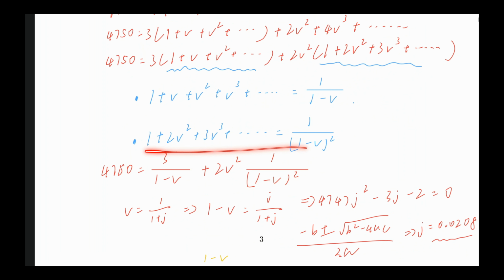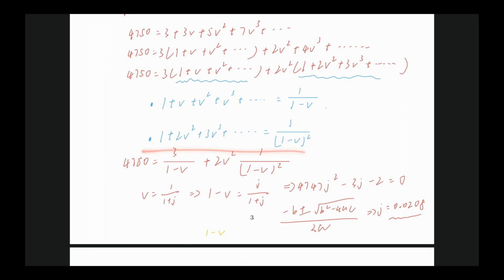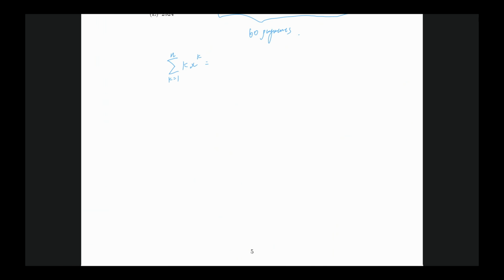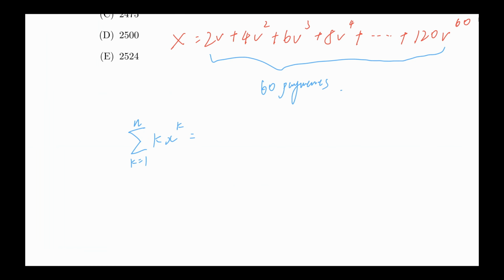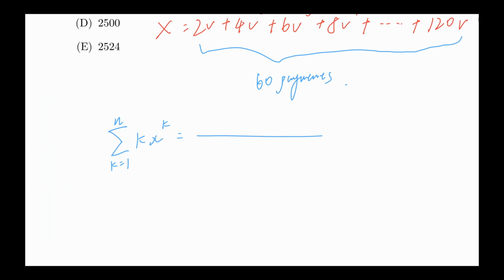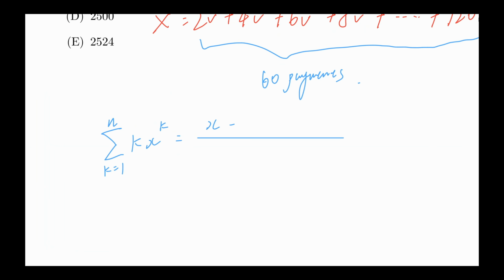So if this is finite, then the summation will become ugly. Feel free to do that as well, and that's how we get this formula. So enough talk, I should just write it down. This equals x minus n plus 1 times x to the power of n plus 1, plus n times x to the power of n plus 2, all over 1 minus x to the power of 2.